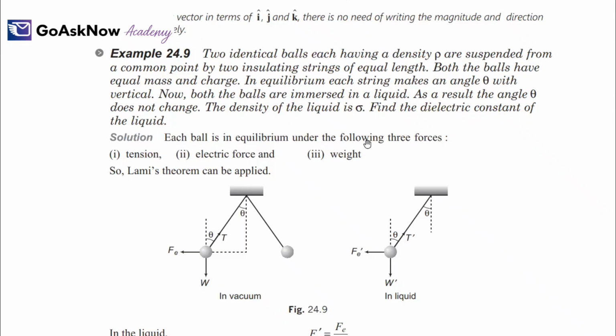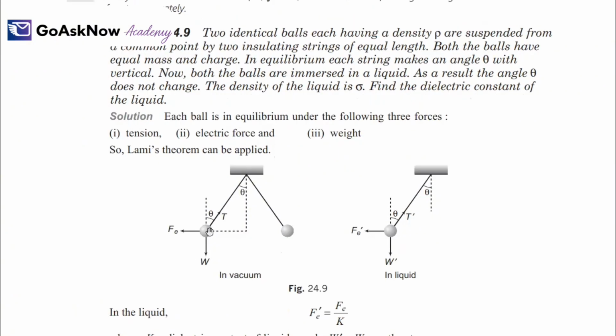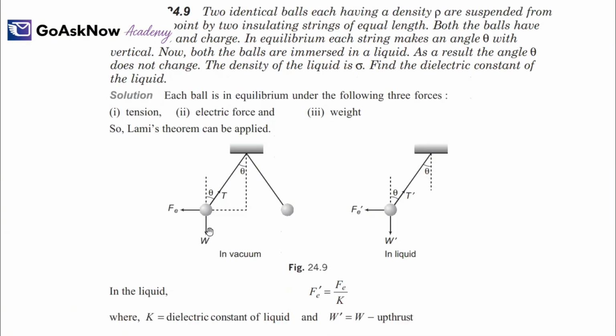Each ball is in equilibrium under the following three forces. There are three forces acting on both the balls: tension force, electric force, and weight. You can observe from the figure that there are three types of forces here.